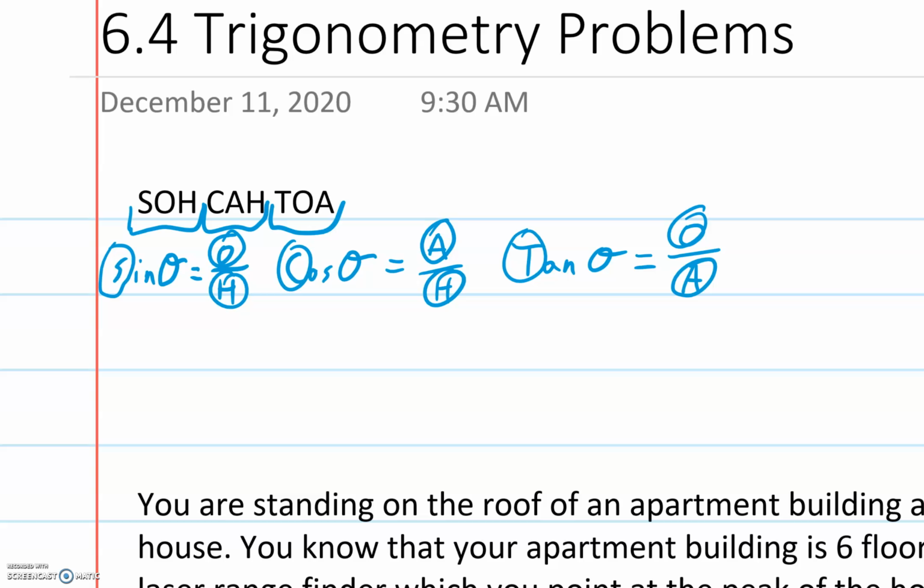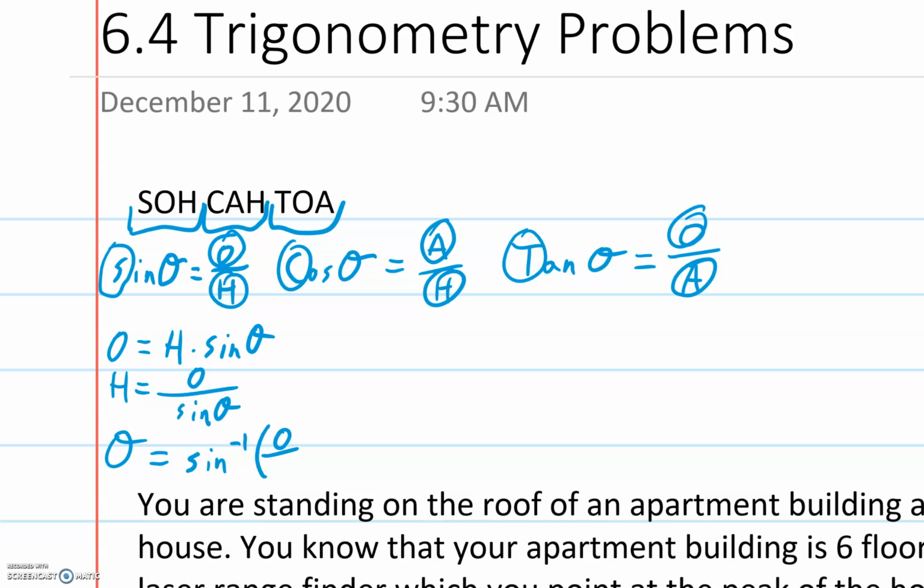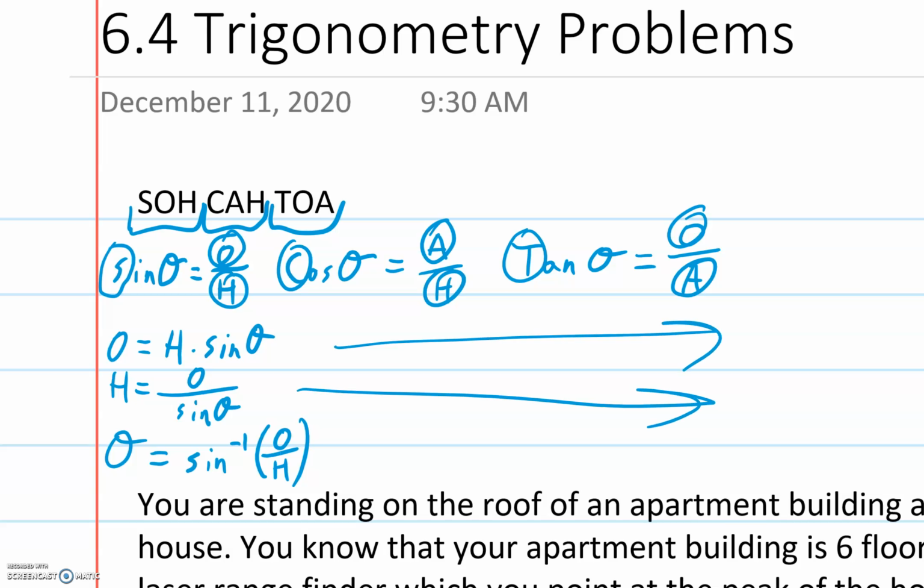So we can rearrange to get O equals H sine theta, or we can get H equals O over sine theta, and last we could get theta equals sine to the negative 1 of O over H. All of these can have an equation like that.